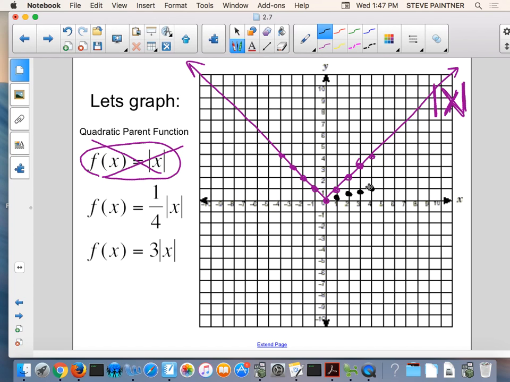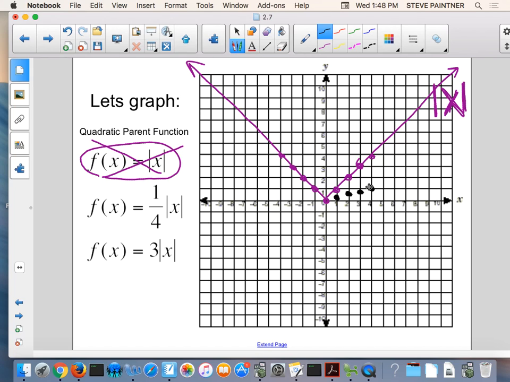Do you know that if I would have graphed this on my test, I would not have graphed this one, this one, this one. I would have graphed numbers divisible by 4. Like this one, the parent is up 4, here 1. Up 8. What's a fourth of 8? Divide 8 by 4. 2.